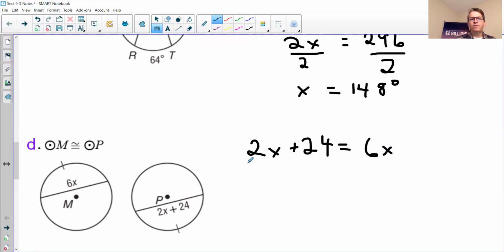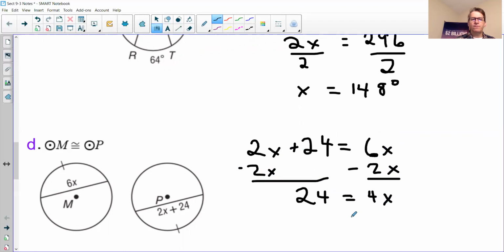For the algebra, you subtract 2x on the left and 2x on the right, and you end up with 24 is equal to 4x. If 24 is equal to 4x, x is equal to 6, by dividing by 4 on this side and on this side.